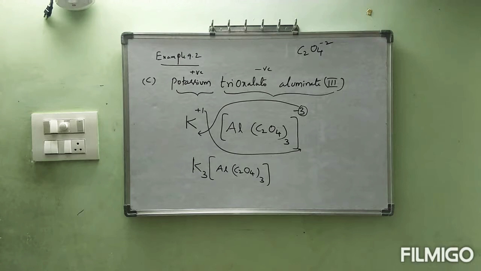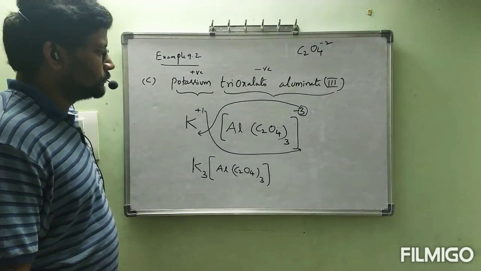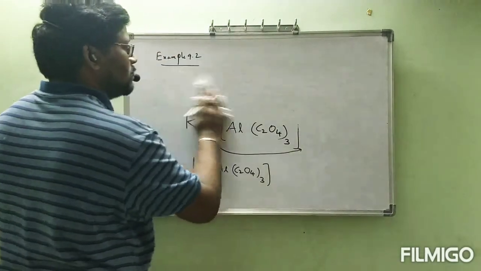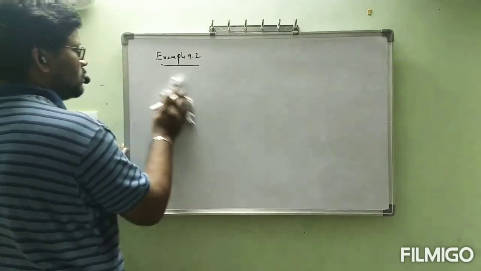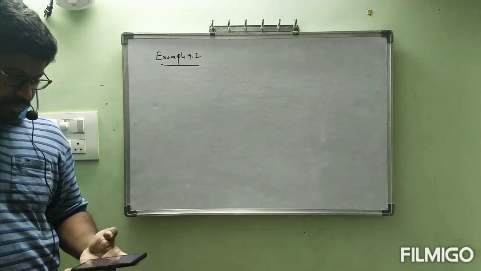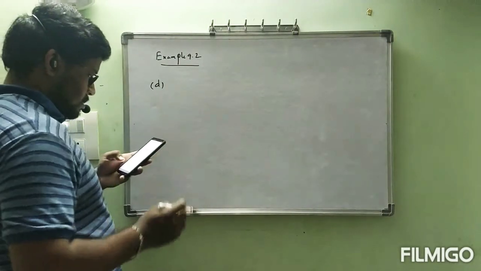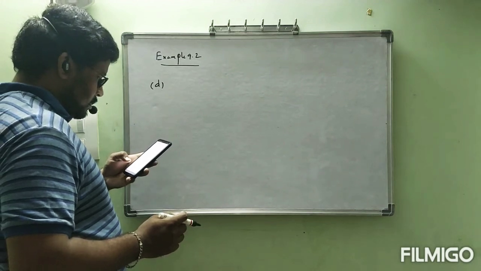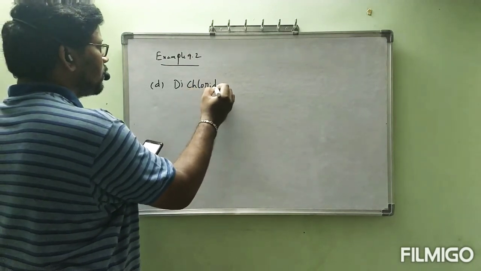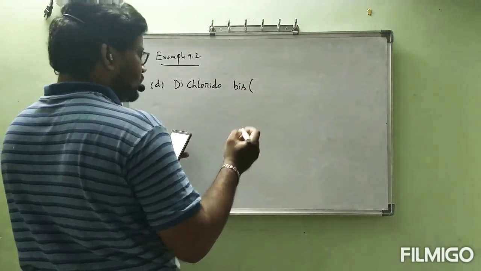D. Dichlorido bis(ethane-1,2-diamine) cobalt 3.